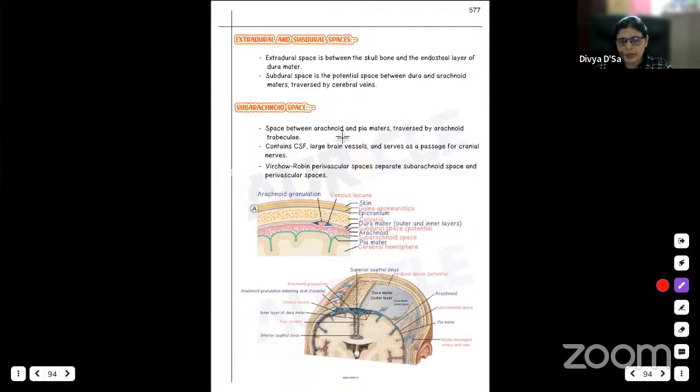Subarachnoid space is between the arachnoid and the pia mater, which is traversed by arachnoid trabeculae. In the subarachnoid space, there is CSF, large blood vessels, and it serves as a passage for the cranial nerves too. Virchow-Robin perivascular spaces separate the subarachnoid space and perivascular spaces.